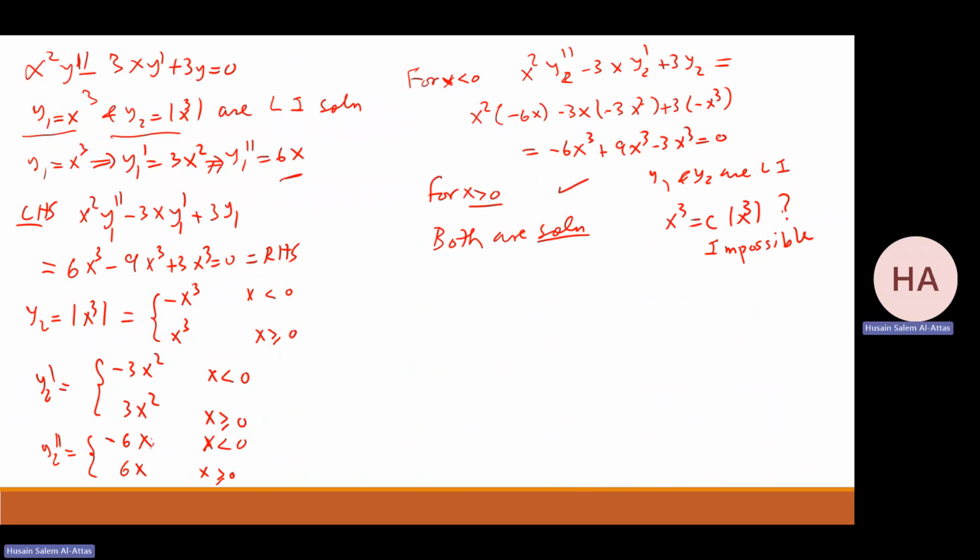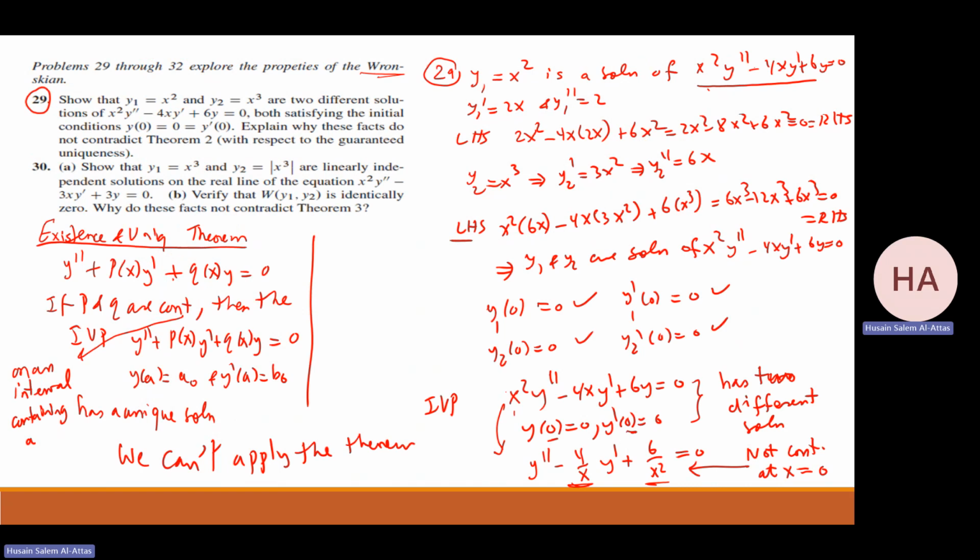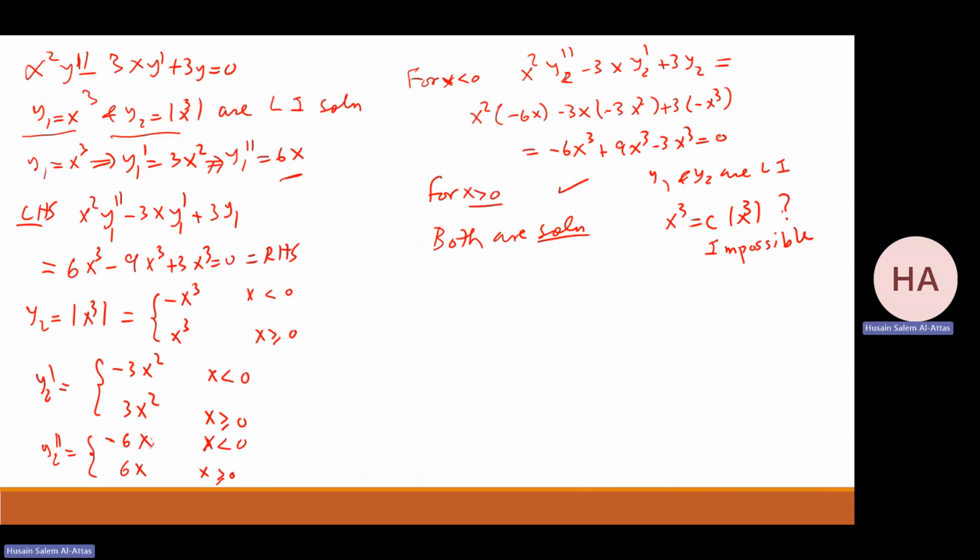Okay, now we need to find what? Verify that the Wronskian is identically 0. I need to find the Wronskian of these two. This is part B, this is part A. Wronskian of y1, y2 will be what? I'll take it in cases.